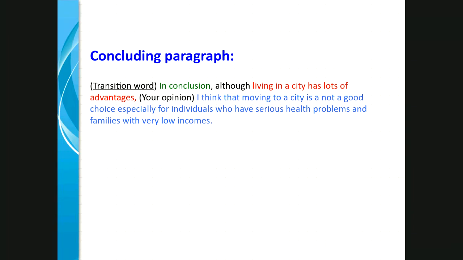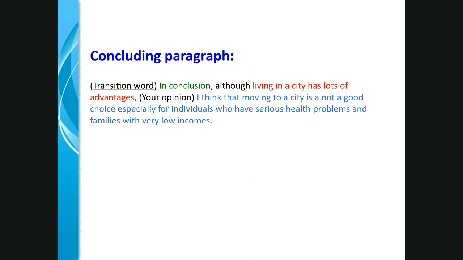Okay, in conclusion, or you can say at the end, to summarize, all in all, there are lots of transition words that you can use in your conclusion or your body paragraphs. Although living in a city has lots of advantages, ولو تلاحظ إن الجملة هذه أنا كتبتها فين؟ في المقدمة بس نعمل لها paraphrasing.